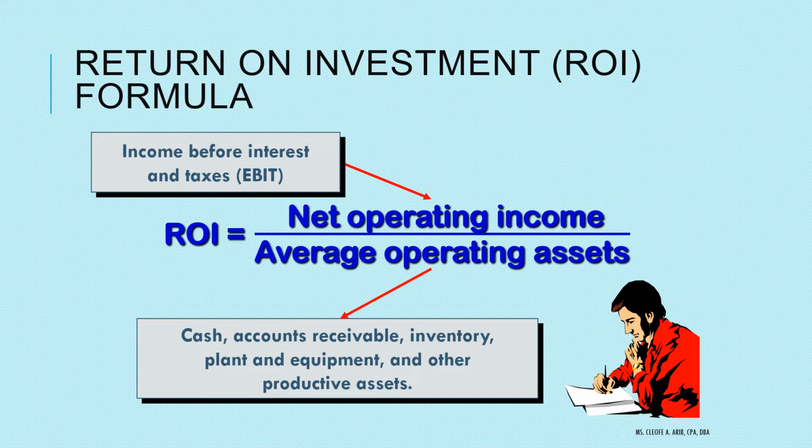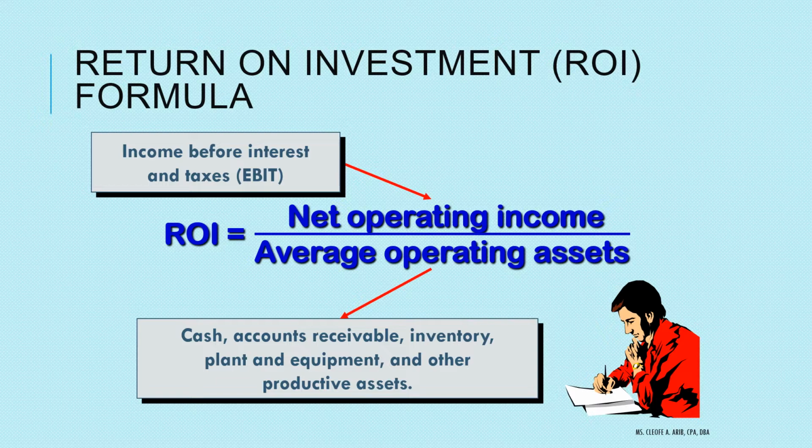Your ROI is computed as follows. You have a numerator, which is your net operating income, and your denominator, which is your average operating assets. Net operating income is defined as income before interest and taxes, or EBIT. So, this is what I tell my previous students, so that they won't get confused, just call it NOI EBIT, so that they will know that NOI is equivalent to EBIT.